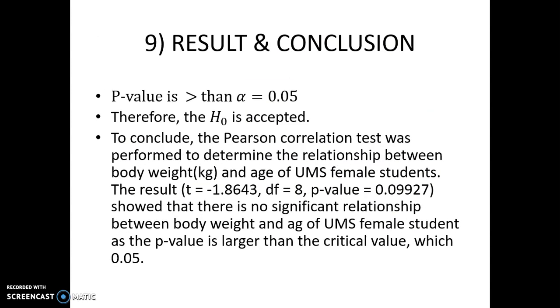To conclude, the Pearson correlation test was performed to determine the relationship between body weight in kilogram and age of UMS female students. The result that we got from R showed that there is no significant relationship between body weight and the age of UMS female students, as the p-value is larger than the critical value, which is 0.05. And that's all. Thank you.